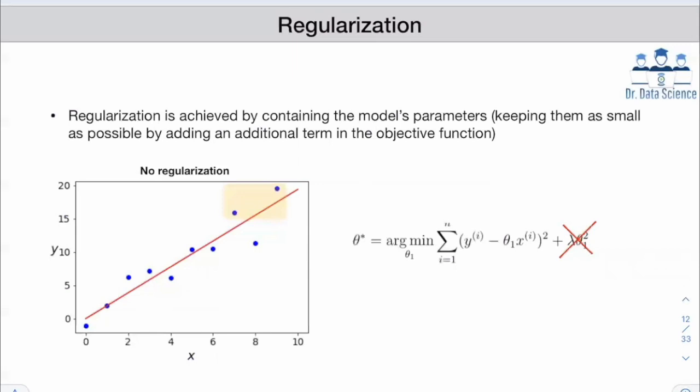So in this case, if we set lambda equal to 0 or get rid of this regularization term, we don't have any control on the slope of this line, right? And these 2 points are definitely able to pull this line towards the upside, right?